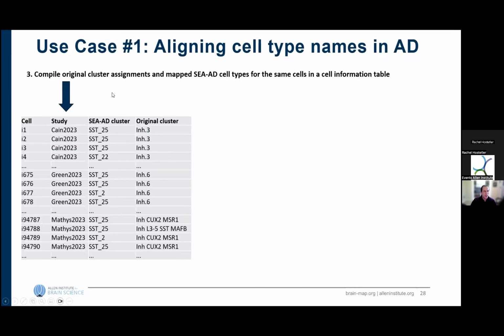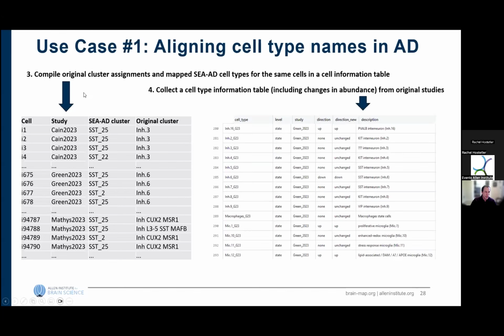Then we compiled all of this information from these mappings, along with the original cluster for these cells, and put it into one table. We then collected the information about the cell types and put it in a second table.